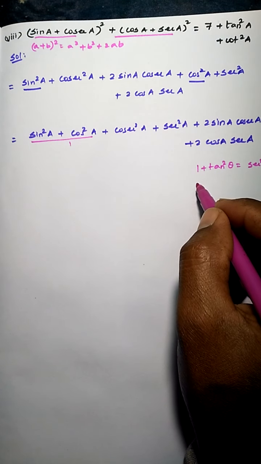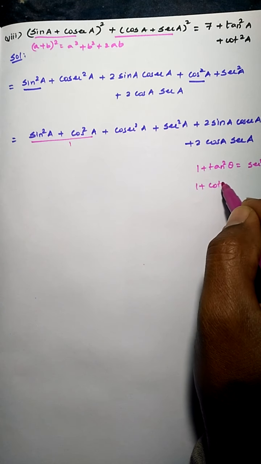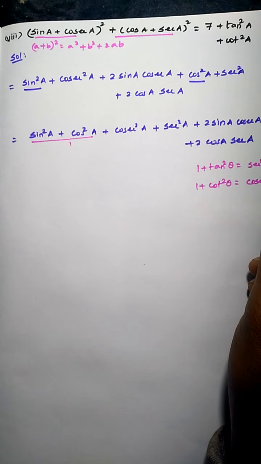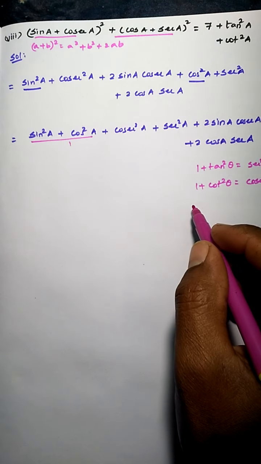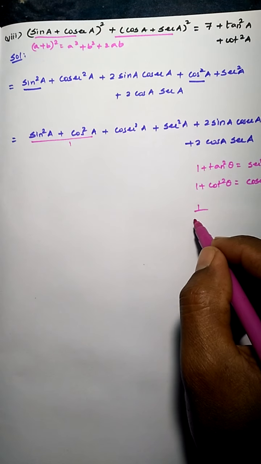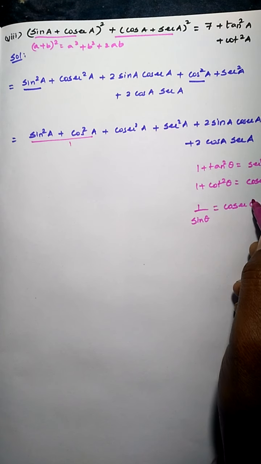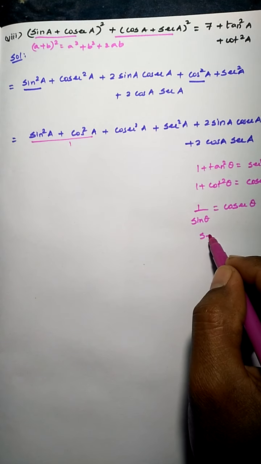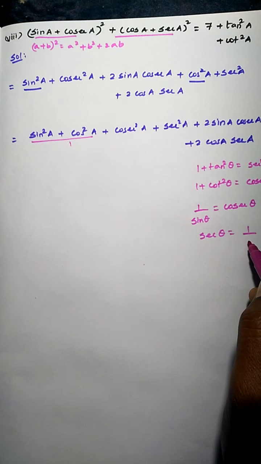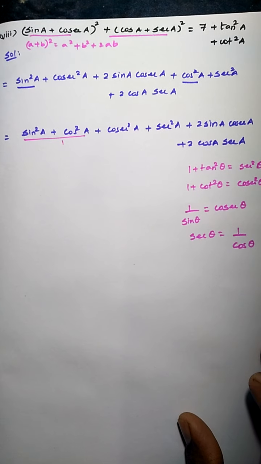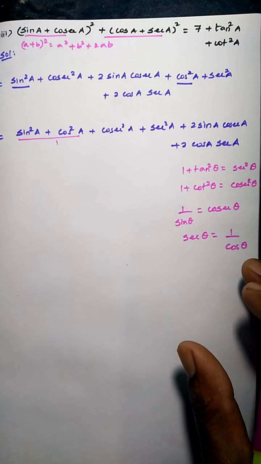And one more formula we have, 1 plus cot square theta equals cosecant square theta. And we have reciprocal formulas: 1 by sine is equal to cosecant theta, and secant theta is the reciprocal, 1 by cos theta. All these formulas we are going to use now. Let's see, the formulas I have written here.